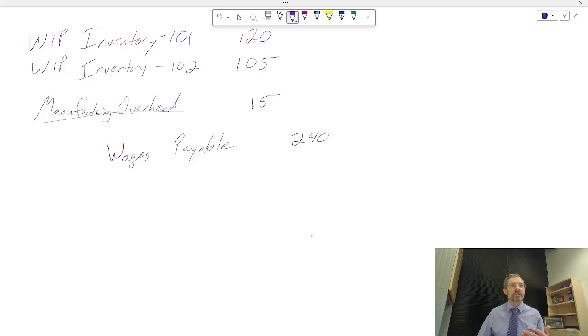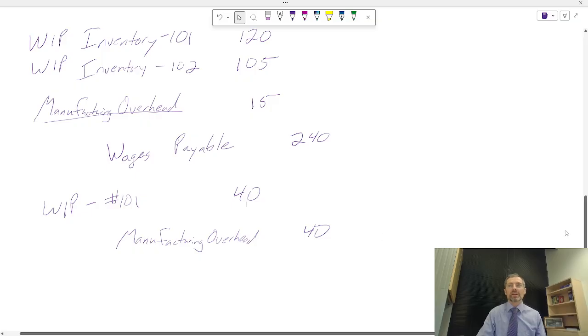Remember, right here we put it into manufacturing overhead. We are going to take that $40 out of manufacturing overhead. So we have to credit that and put it into our work in process, Job 101.